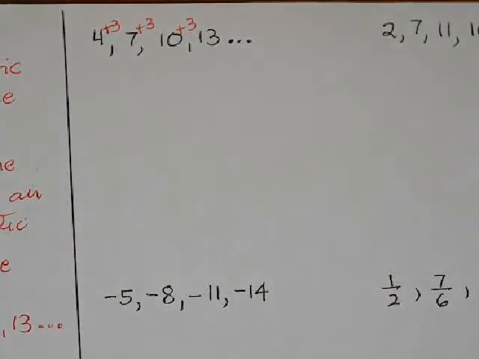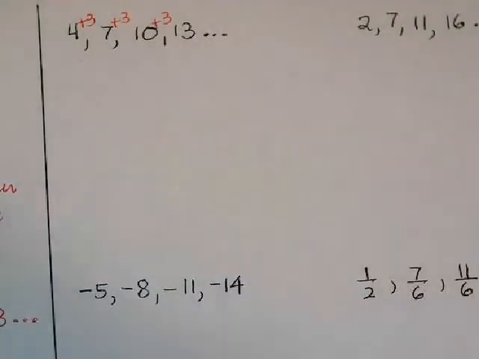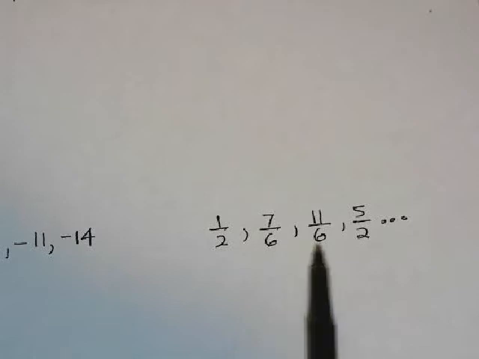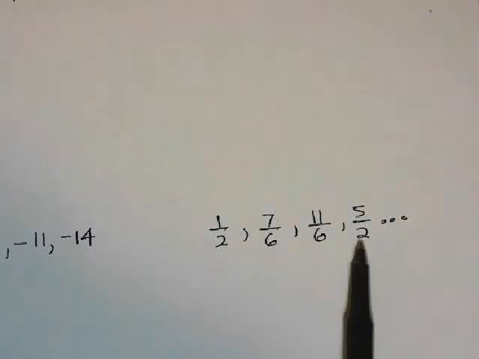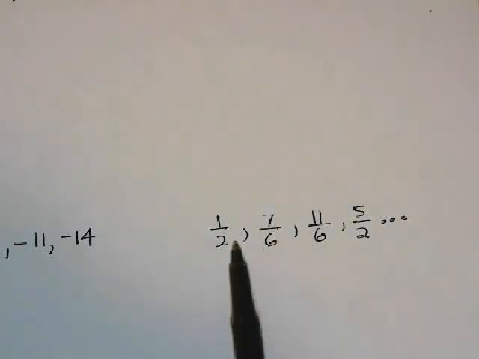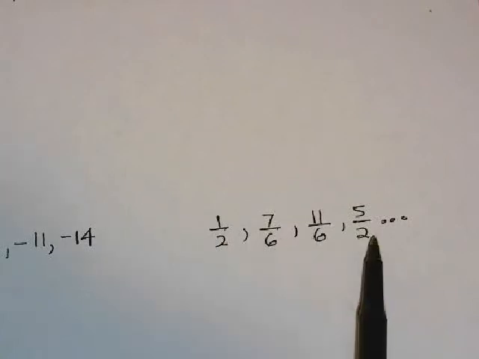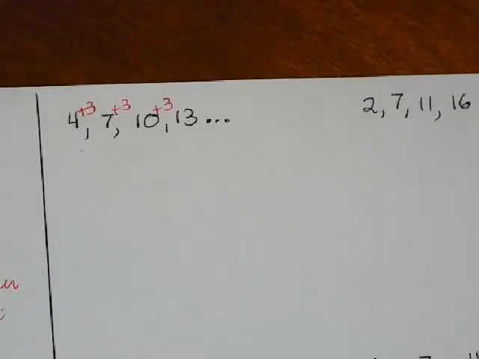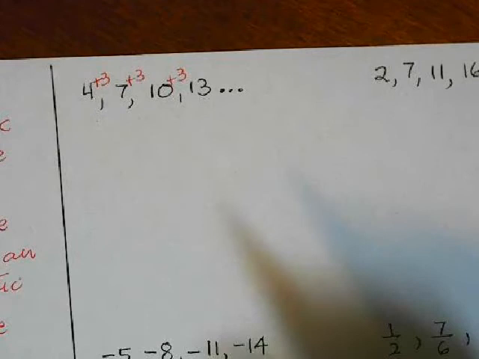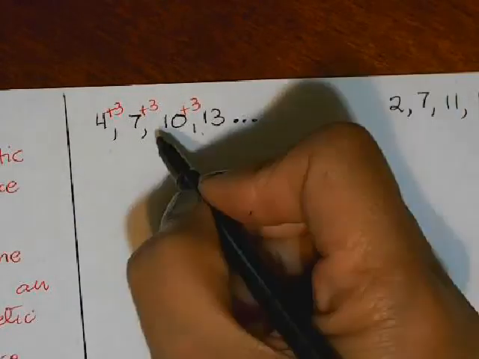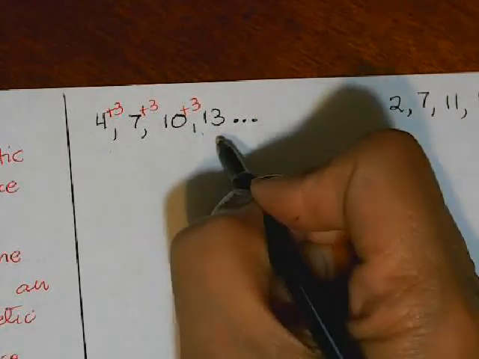But this is not always the case, because in some sequences you really cannot see what has been added, and you have to calculate your d. The proper way to calculate d is you get a term and you subtract the term before it.